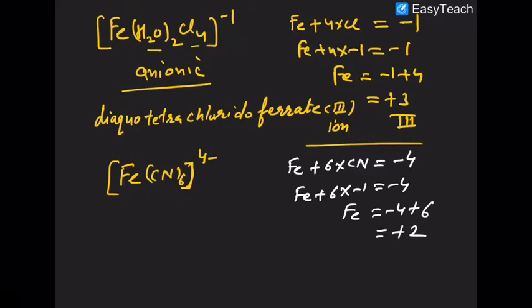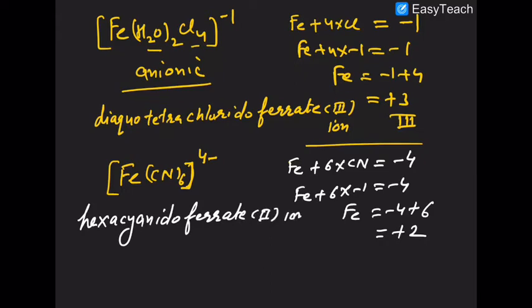And since it is an anionic complex, the name should end with ferrate. So the name should be hexacyanidoferrate(II) ion in this case.